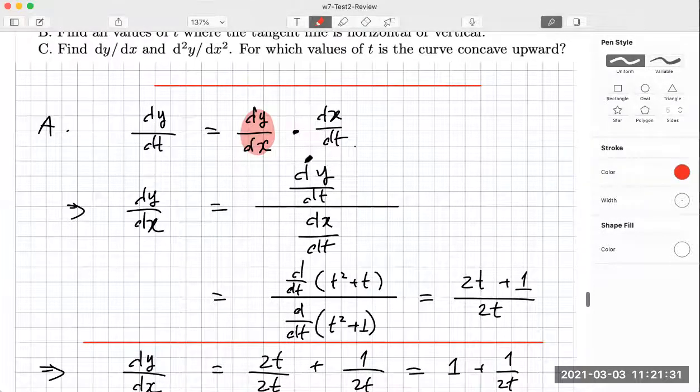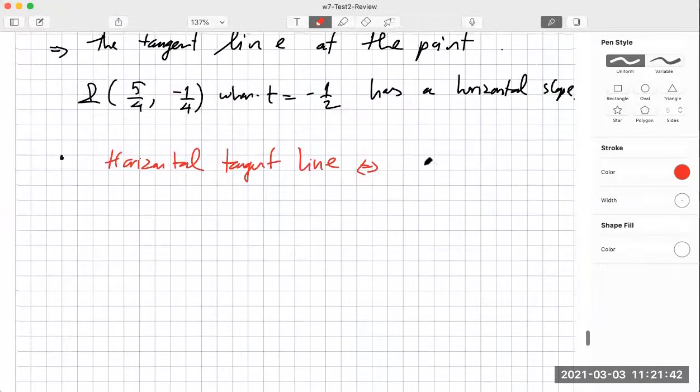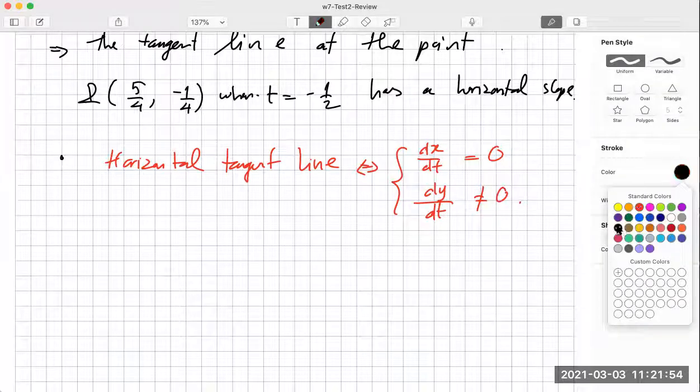In other words, dy over dt should be nonzero, and dx over dt should approach 0. It means that dx over dt should be 0 and dy over dt is not 0.